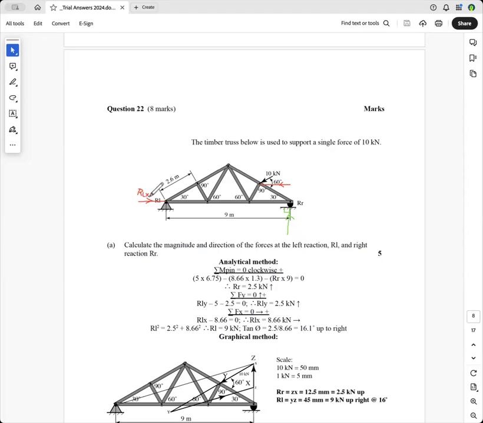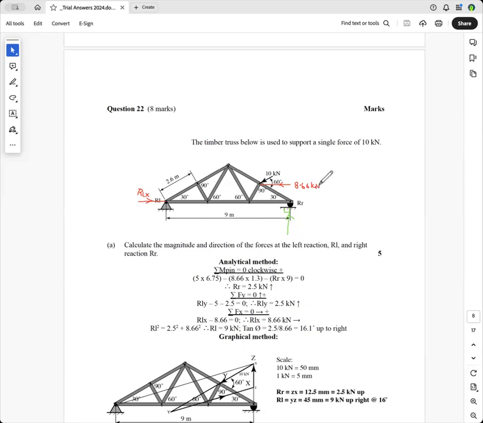And you know that this force here will be, because that's 30 and that is 60, this angle in here will be 30. So this force here will be 10 cos 30, which will be 8.66 kilonewtons.